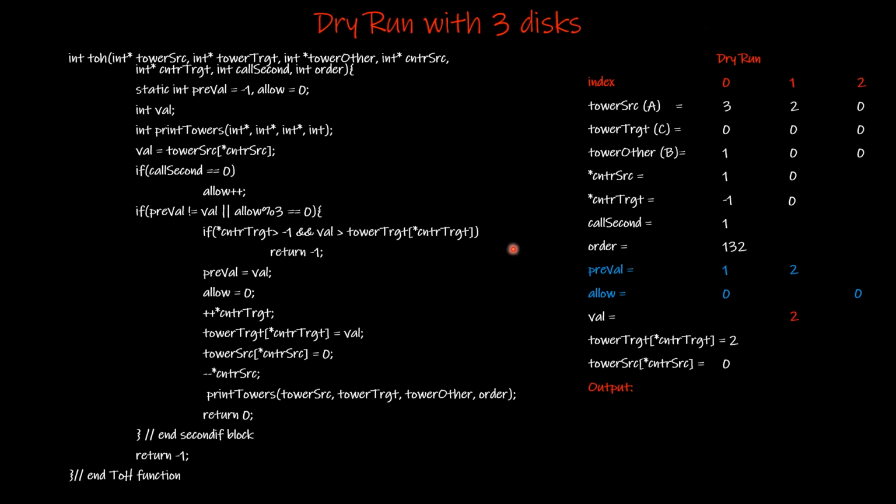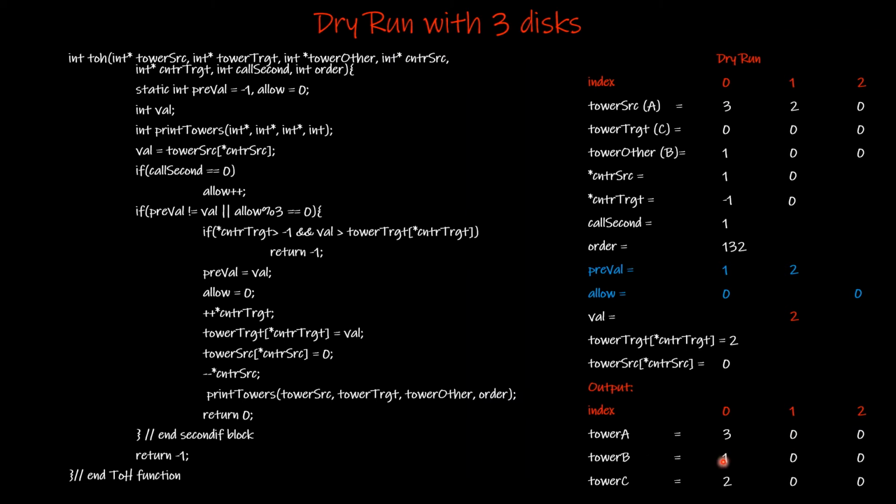Okay, and then we call the print tower function, and this output is going to be for index position 0 1 2, tower A 3 0 0. It was initially 3 2 0, okay, but after this particular statement this value changed to 0.